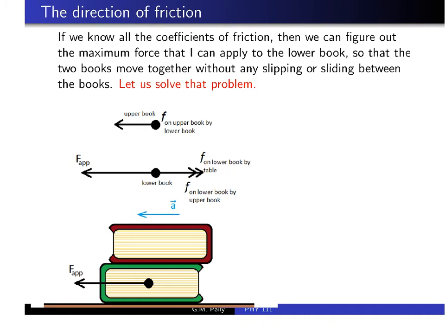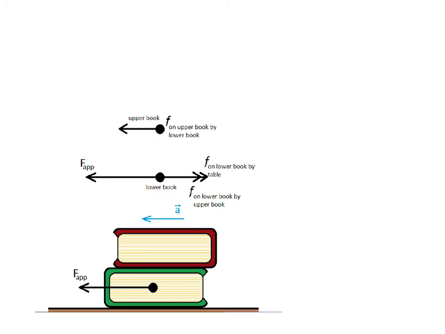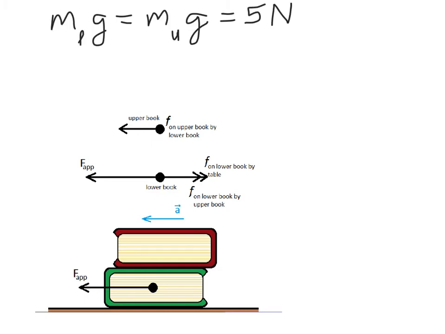Let us say that we are given that the weights of both the lower and the upper book are the same, 5 newtons. Further, that the coefficient of kinetic friction between the table and the lower book is 0.1, and the coefficient of static friction between the two books is 0.4.